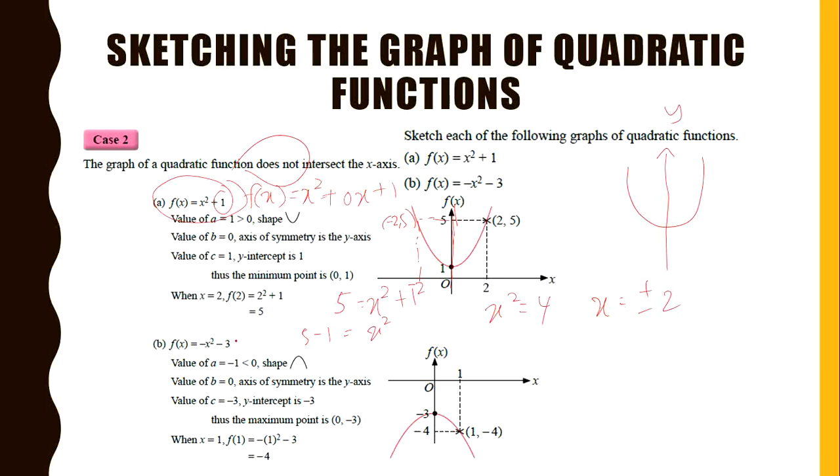Next, we can see its y-intercept is negative 3, so the graph crosses the y-axis at negative 3. Then, when we substitute, we have negative 4 here, using the equation negative 4 equals negative x squared minus 3. So negative 4 plus 3 is negative 1, negative x squared. So x squared equals 1, x will be plus or minus 1. So we know the points are 1 and negative 1.